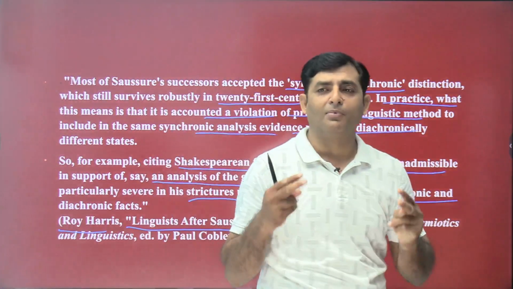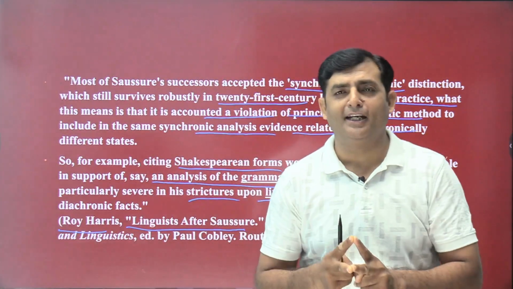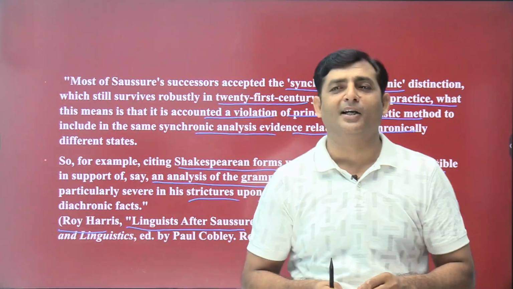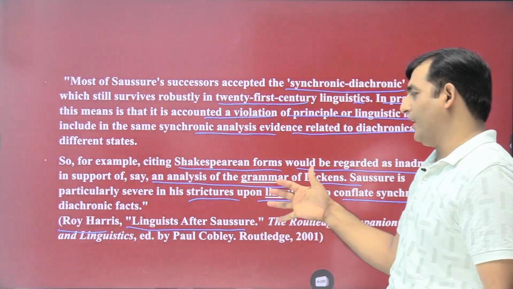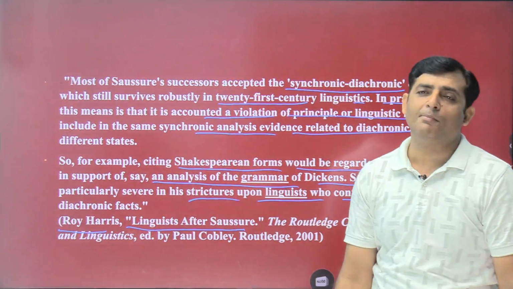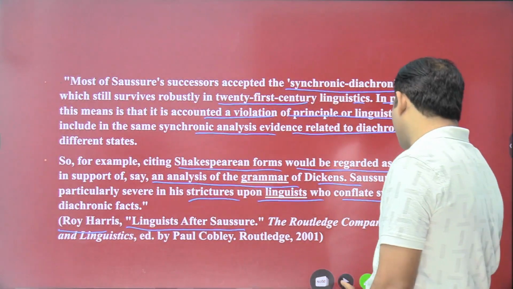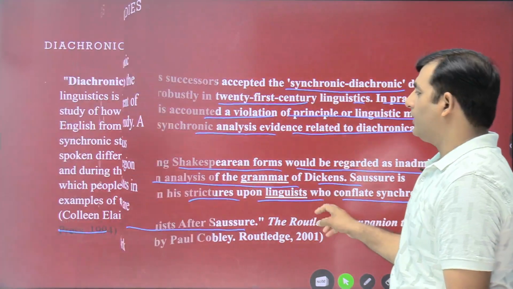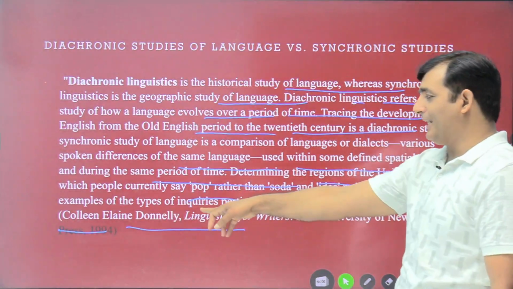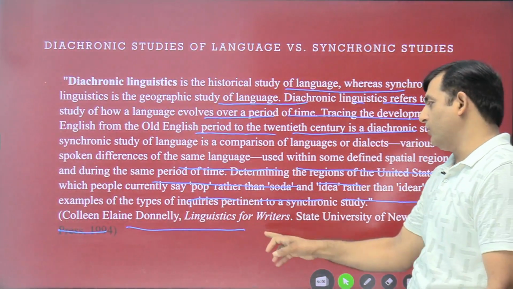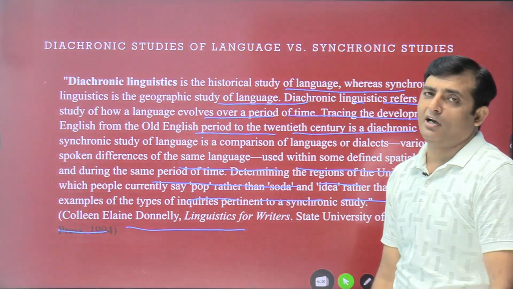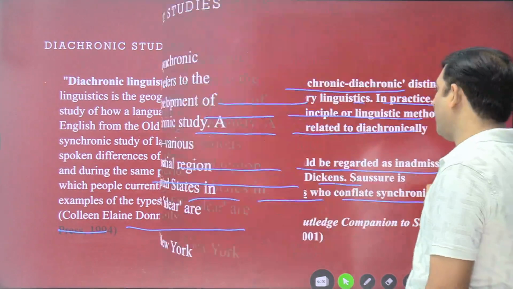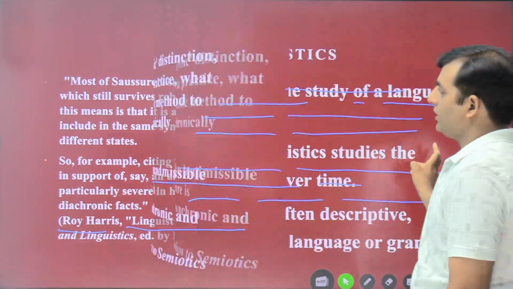Right, so I have quoted here two prominent linguists. The first quotation was by Colleen Ellen Donnelly in his book Linguistics for Writers, published from the State University of New York, regarding diachronic and synchronic.